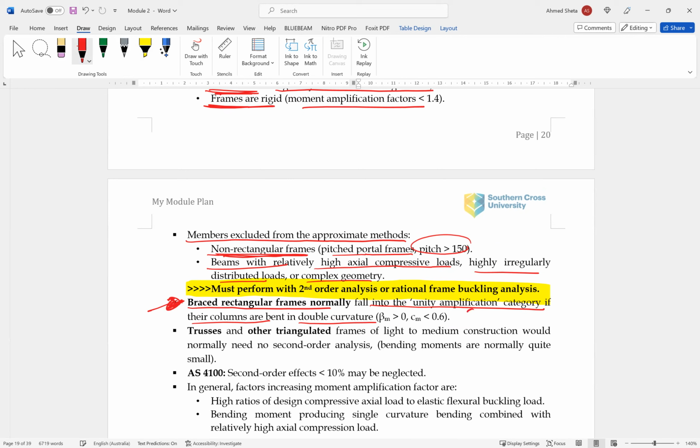So the amplification factor delta B is equal to 1, so it is useless because there is no increasing or amplification of the moment. Trusses and other triangulated frames of light to medium construction would normally need no second order analysis. Bending moments are normally quite small. So also in trusses and triangulated frames, there is no need for second order analysis because the moments are small.